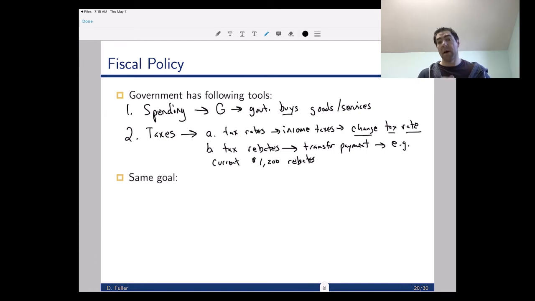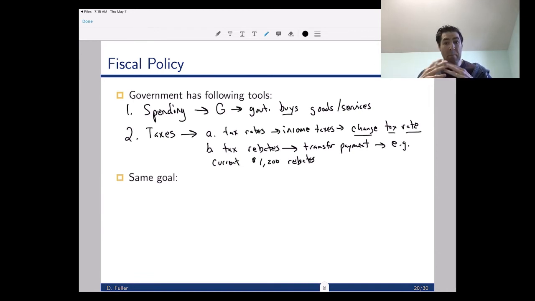The government can obviously decrease or increase those tax rates they charge on firms, or they can provide some type of tax rebate, which is effectively what they've done now by providing forgivable loans if you're paying your workers. The Paycheck Protection Program, called PPP, is really an example of a tax rebate targeted towards firms.